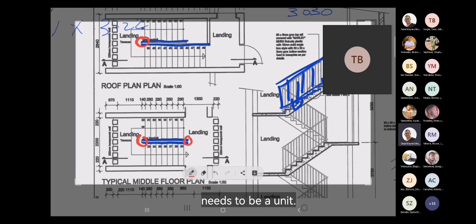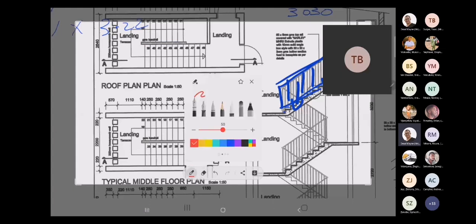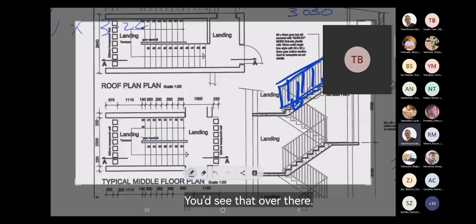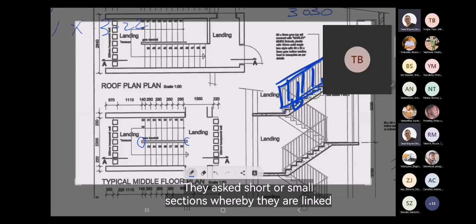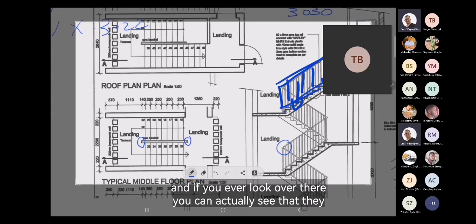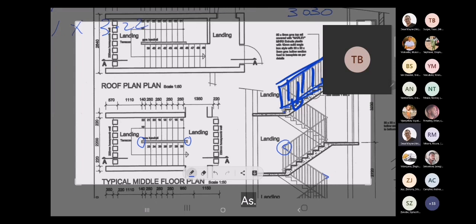a unit. And when I clear that, you'd see over there are short or small sections whereby they are linked. And if you have a look over there, you can actually see that they run as a unit.